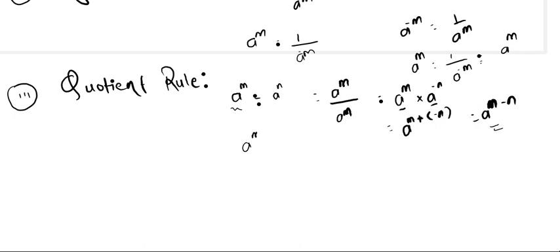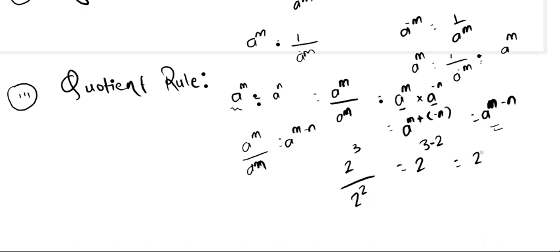If a power m upon a power n is given, this will be equal to what? A power m minus n. For example, if 2 power 3 and 2 power 2 is given, then the solution will be 2 power 3 minus 2, which is 2 power 1, and 2 power 1 is always 2, so this will be our answer. Okay, so this is about the quotient rule.